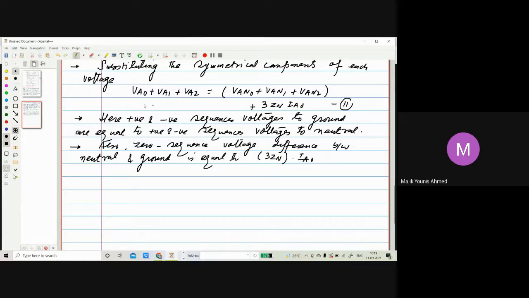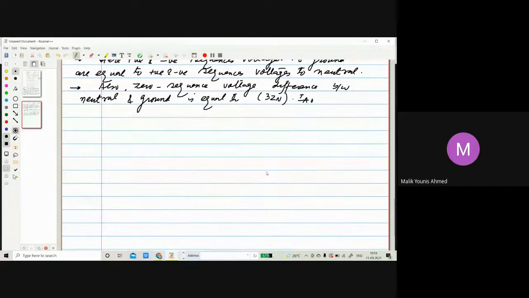So that means this voltage, the difference between the zero sequence voltage between neutral and ground, neutral on this side, ground on this side, is equal to this. This is the difference between these two voltages. That means they are not equal. In other words, we can say they are not equal.